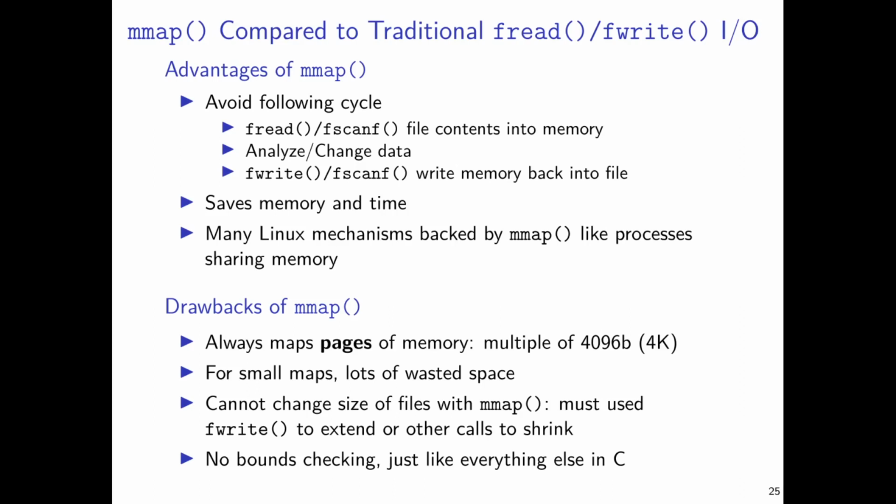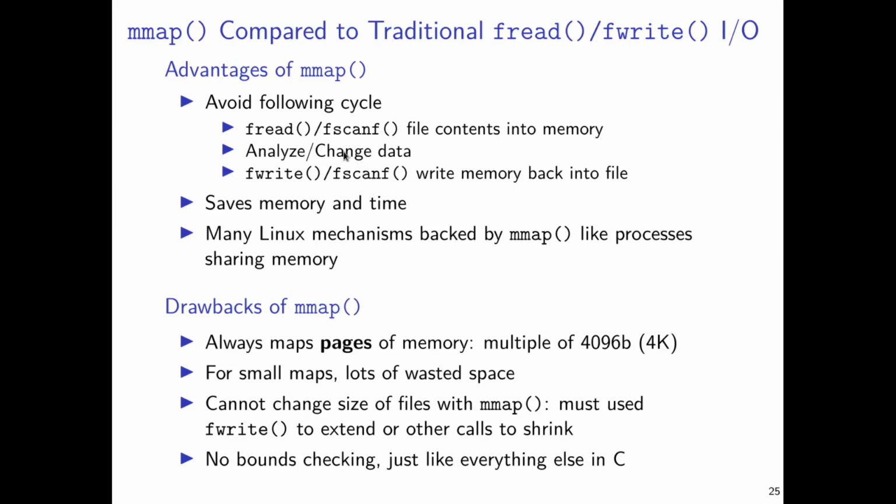So there are a few things to point out in terms of disadvantages of mmap, but to quickly review, it avoids the cycle that you would be in with your standard I/O functions. If you are attempting to use fread or fscanf, you will always need to have some sort of buffer in which you read stuff into for your program to potentially analyze or make changes to, and then if you're making changes to the file, you'd have to write it back to operating system memory in some way.